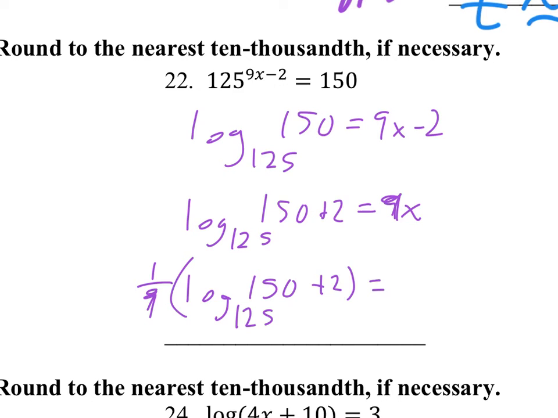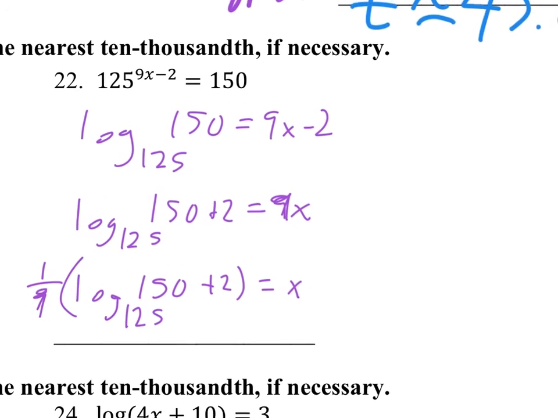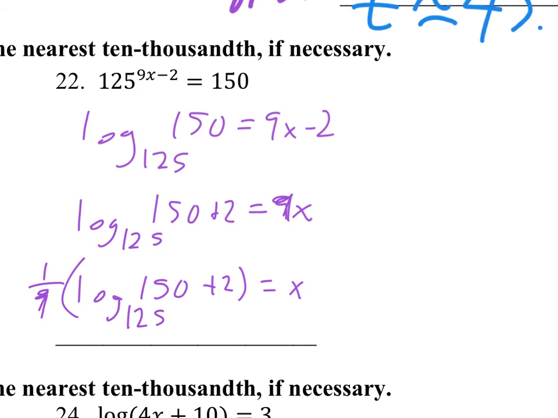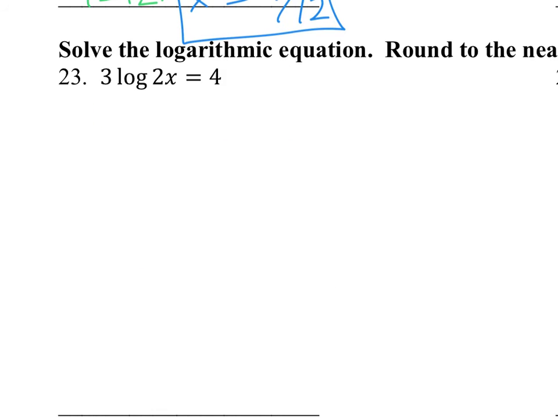And that would be what x would equal. And we do want the approximation to the nearest 10,000th as well, so using your calculator you'd figure that out. And to the nearest 10,000th we get approximately 0.3375 as the approximation.